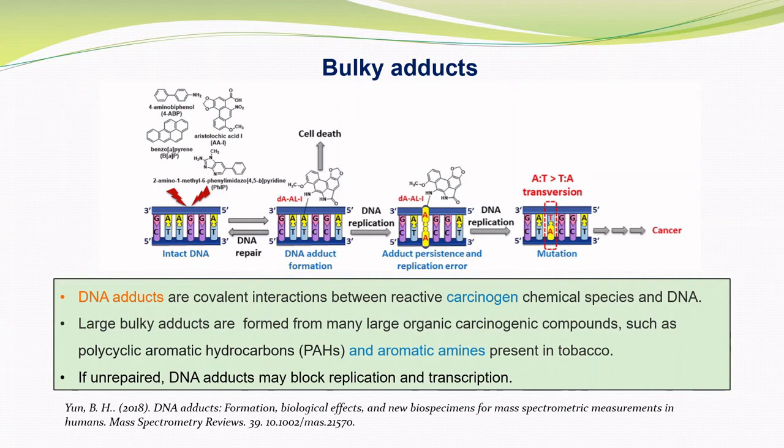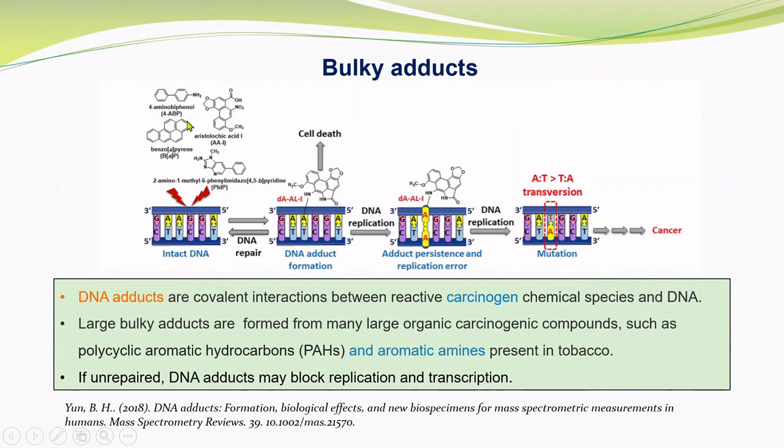The next major DNA damage is caused by bulky DNA adducts. These adducts are a major cause of carcinogenesis. Now, what is a bulky DNA adduct? You see, a DNA adduct is a piece of DNA, that means a part of DNA, covalently linked to a chemical.